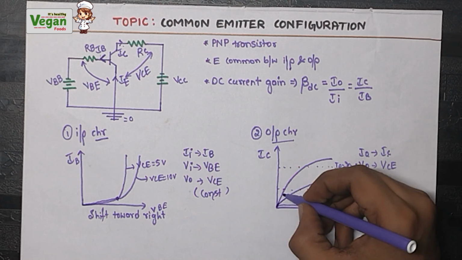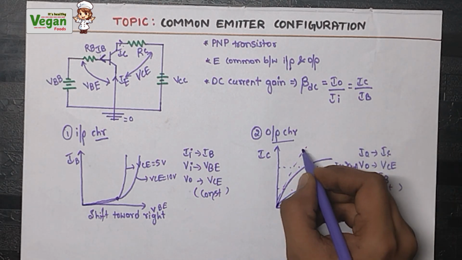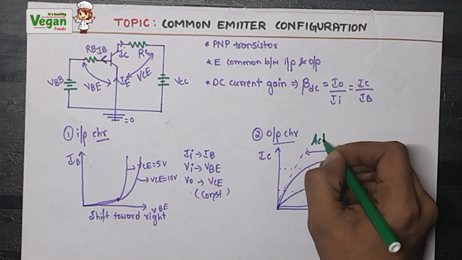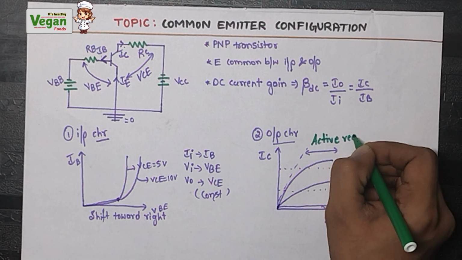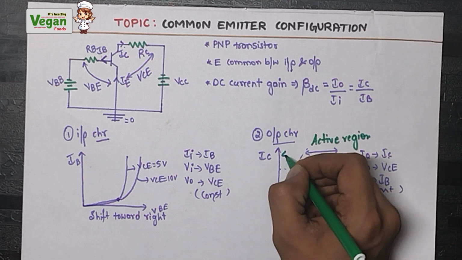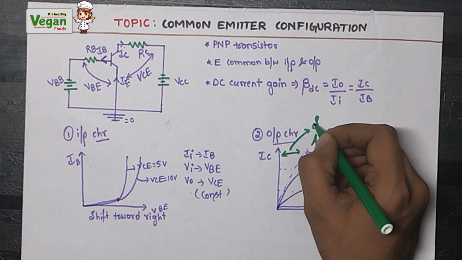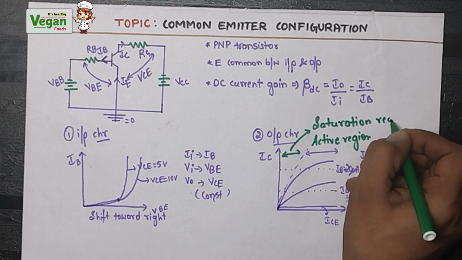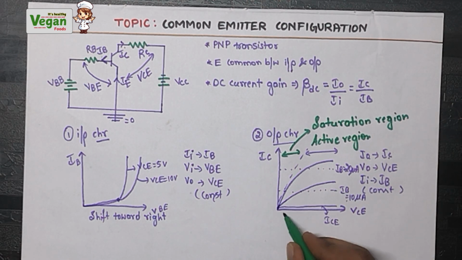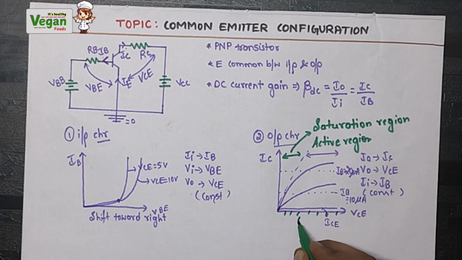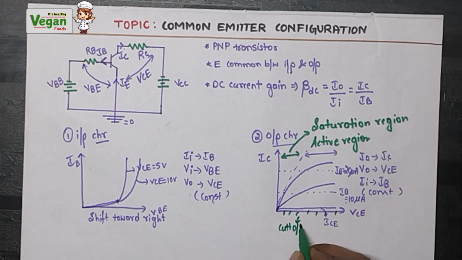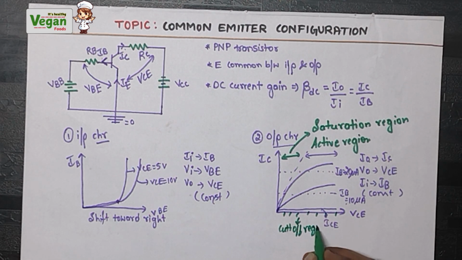The part where the current is amplifying or increasing will be called the active region. This part will be called the saturation region. And the part where the current is not acting will be called the cutoff region.